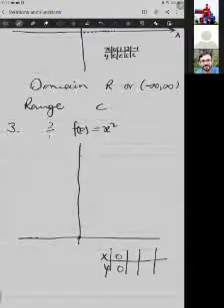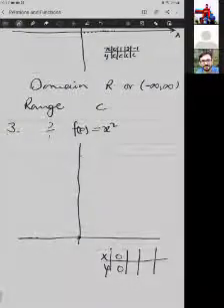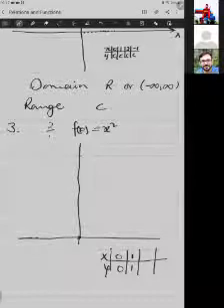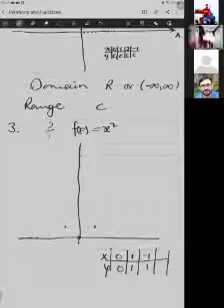Now next, if x is equal to 1, then y will also be 1, because 1 square will be 1. When x is taken minus 1, y will also be 1 right now also. Now I'm taking x as 2.